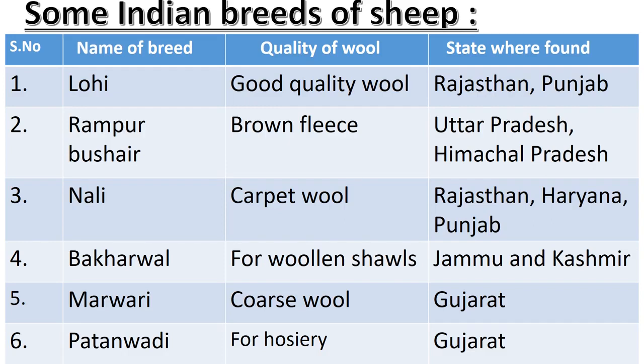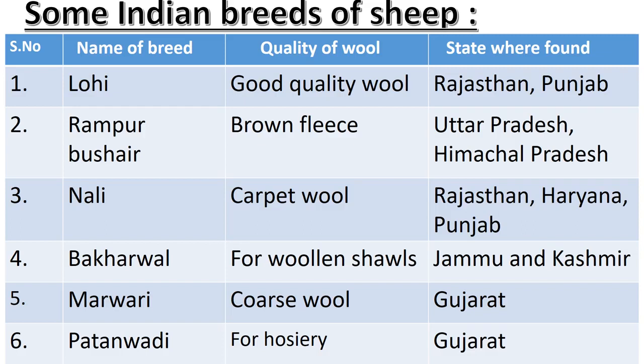They all produce different quality of wool and they are found in different states as per their adaptability. The first breed is Lohi. It yields good quality wool and is commonly found in Rajasthan and Punjab.